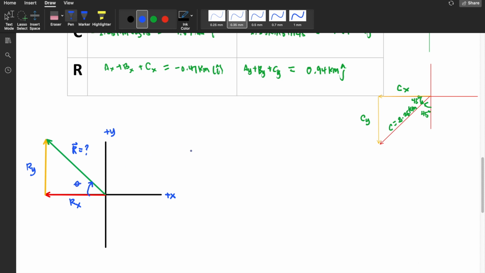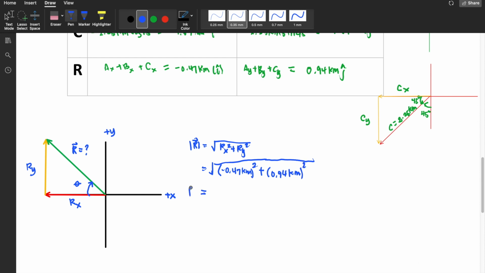Again, I repeat, use the Pythagorean theorem to solve for its magnitude. So you'll have the square root of Rx squared plus Ry squared. So the square root of Rx, that would be negative 0.47 kilometers, squared. We don't have to include the unit vectors. Plus 0.94 kilometers squared.